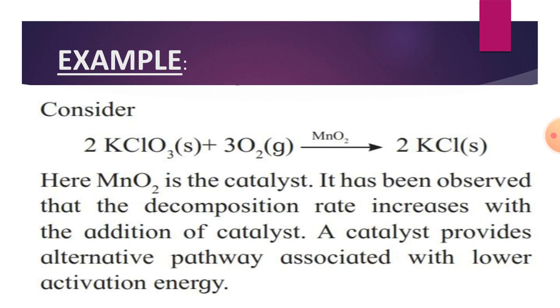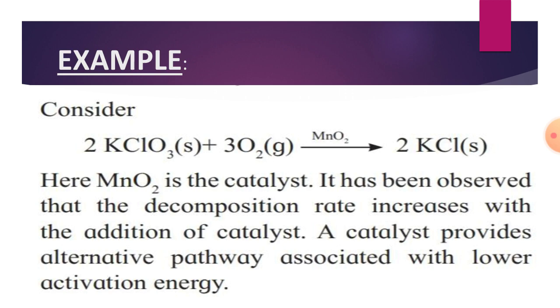The reaction takes place with KClO3, and we are getting KCl, potassium chloride, and oxygen in the presence of the catalyst manganese oxide. From this reaction, it has been observed that the decomposition rate increases with the addition of catalyst. Whose decomposition rate? The decomposition rate of the reactant has increased and we are getting the product earlier.